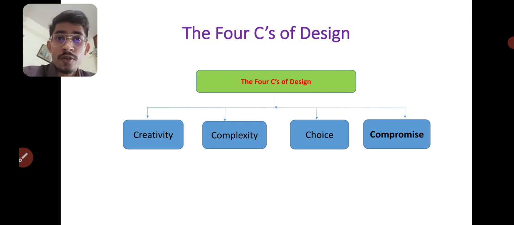Or you may go with a policy like the safety factor, that is your policy. So this again defines what stages you are thinking about before launching the product, or what the organization policy is. These four C's of design depend upon the organization itself, the creators, the designers, and the whole team. So these four C's of design are very important.